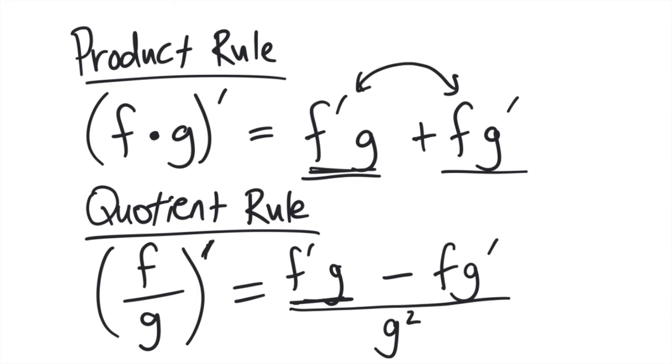If you keep it in that order, then it looks like exactly the same order, and the only difference is that instead of addition in the middle, you have subtraction in the middle, and then there's an extra g squared down on the bottom. So again, these are two different rules. They're important enough to each get their own name, but if you can remember the format and remember that it's f prime g and then f g prime, then you can remember that same order for both of these rules.